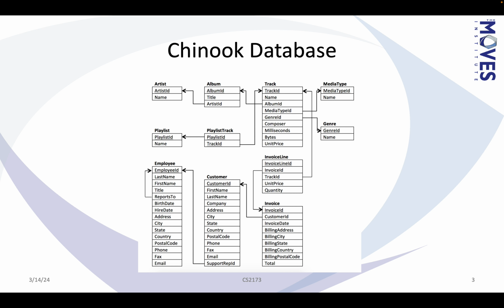So this is keeping track of various artists, albums for those artists, tracks of those artists, playlists from them, and then they're selling them to customers, and they have employees who support customers, and we're not going to get into all that. If this were more of a database-oriented course, we could spend some time looking at the whole thing. But for our purposes, I'm going to mostly look at what this top part is.